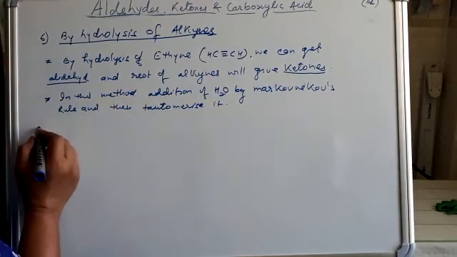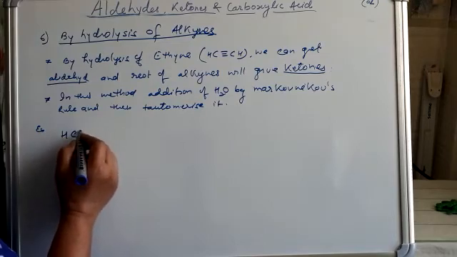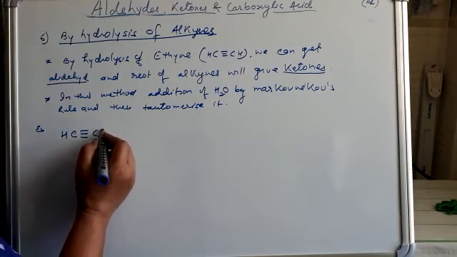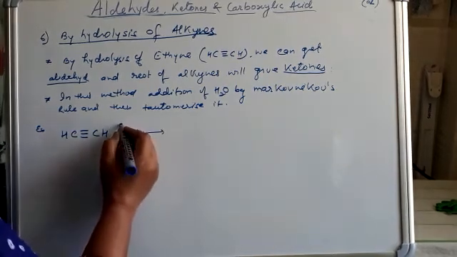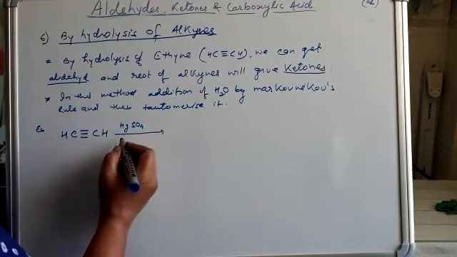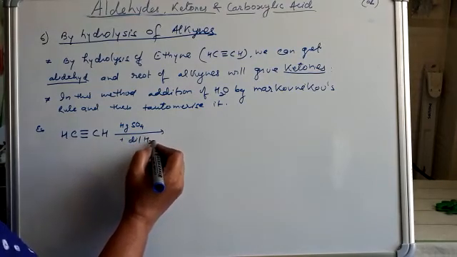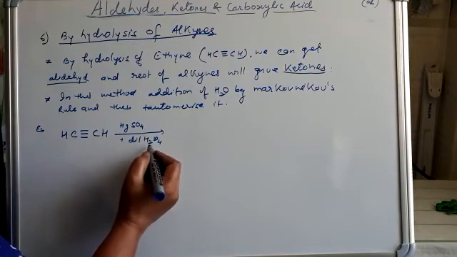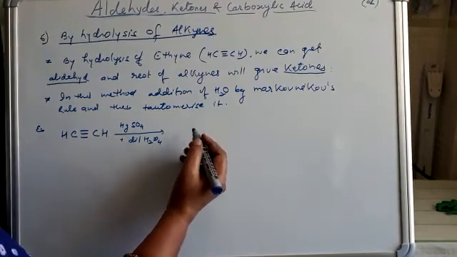See here the example. Alkyne in the presence of HgSO4 as a catalyst and dilute H2SO4 also, because this gives H plus ions and this is the catalyst.